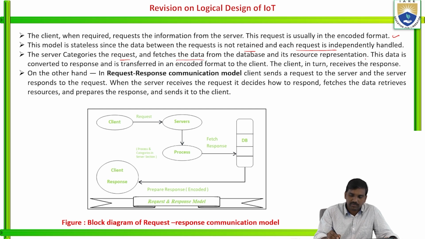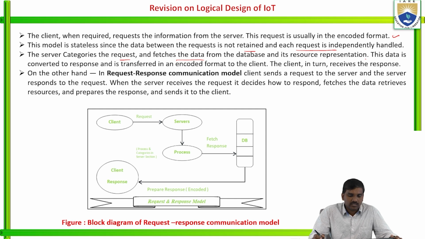Its resource representation is converted to a response and transformed to the encoded format for the client. The client in turn receives the response in a certain format. That we have to know.